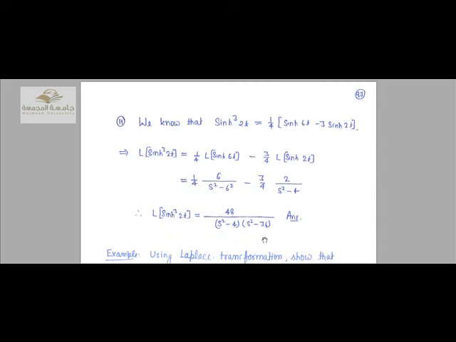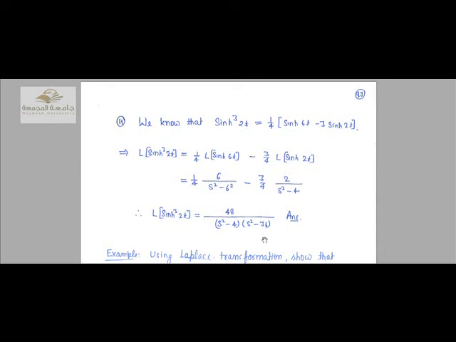Now second one, we know that sine hyperbolic cube 2t is equal to 1 by 4 into sine hyperbolic 6t minus 3 sine hyperbolic 2t. This implies L of sine hyperbolic cube 2t is equal to 1 by 4 L of sine hyperbolic 6t minus 3 by 4 L of sine hyperbolic 2t.